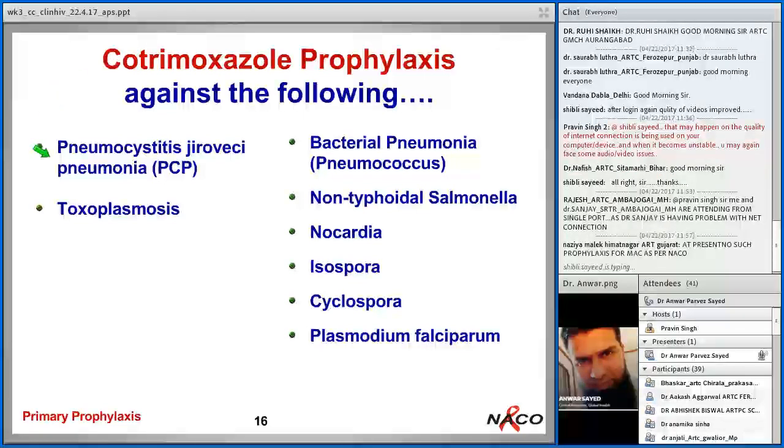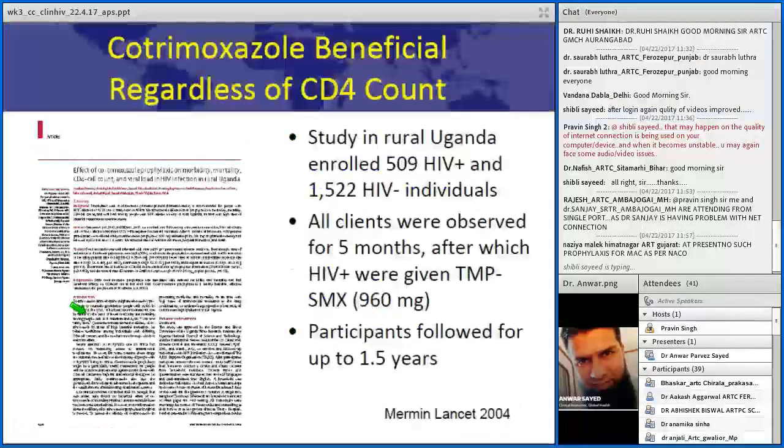So it works against diseases like PCP, toxoplasma, bacterial pneumonias, non-typhoidal salmonella, nocardia, isospora, cyclospora, and Plasmodium falciparum, which causes malaria.